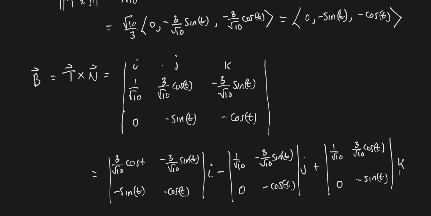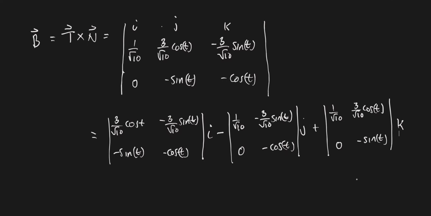All right, so now let's compute the 2x2 determinants. What do we have left? We have 3 over root 10 times negative cosine squared. So I'm going to put it as negative 3 over root 10 cosine squared.